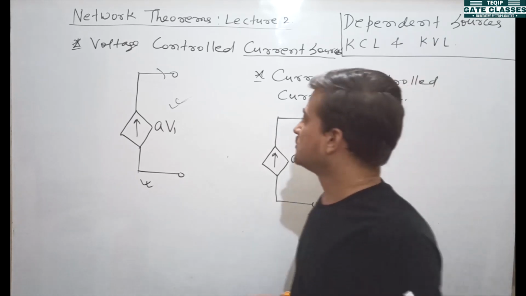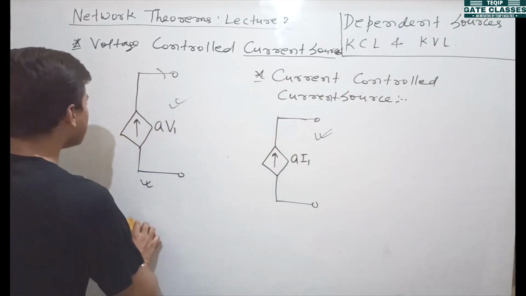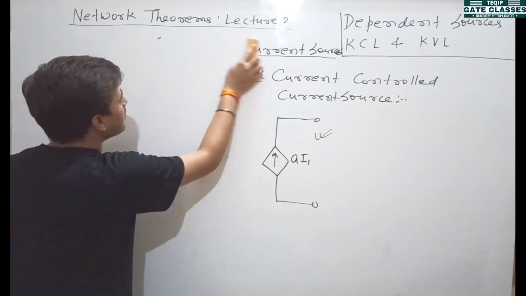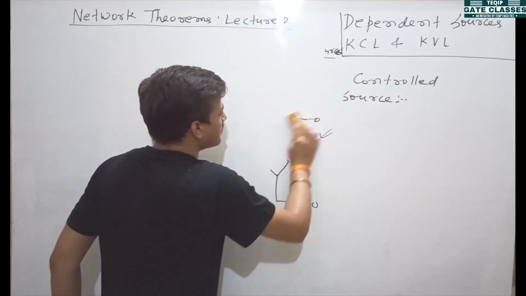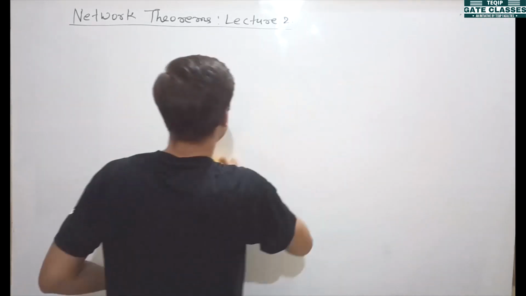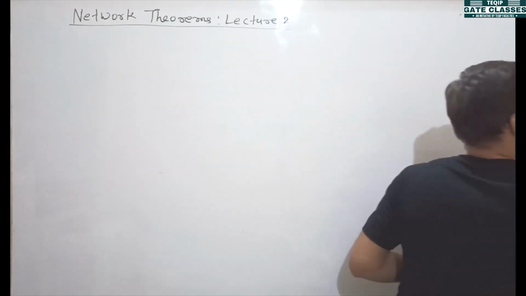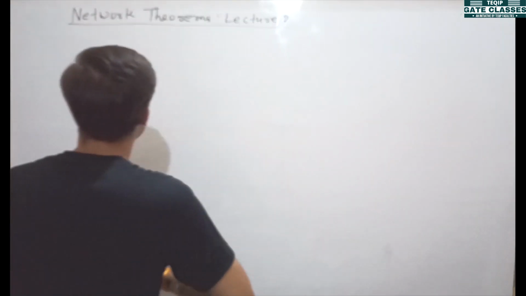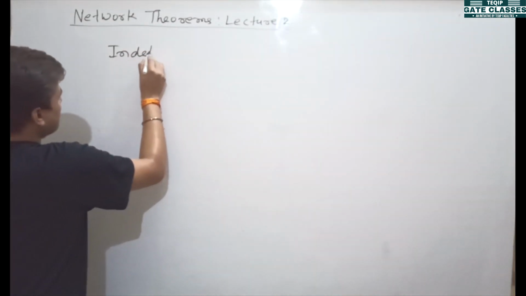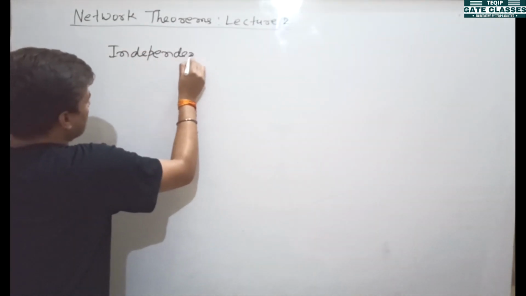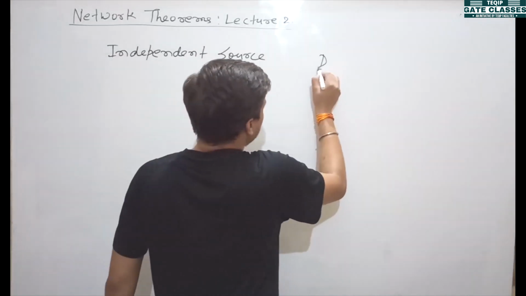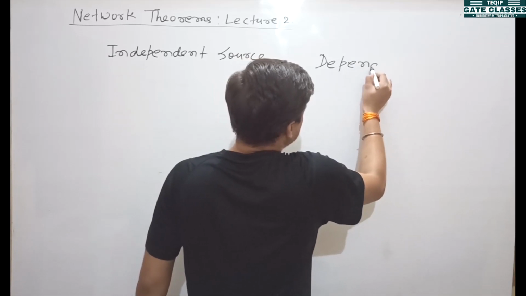Clear? So now I am writing some of the points of dependent source and independent source. Here you see you have independent source, and you have dependent source.